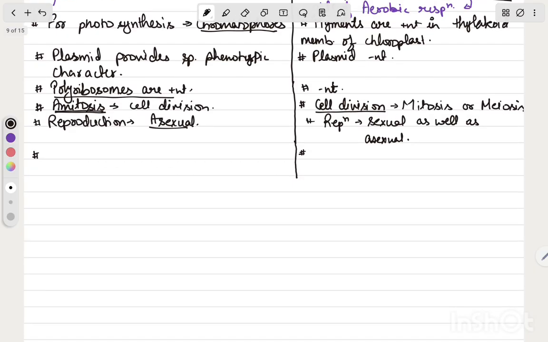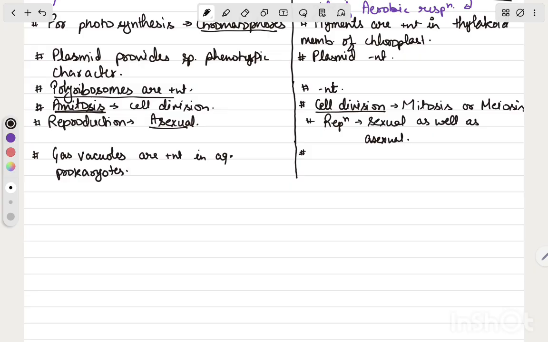Next difference is gas vacuoles are present in aquatic prokaryotes. These gas vacuoles are absent in eukaryotes.